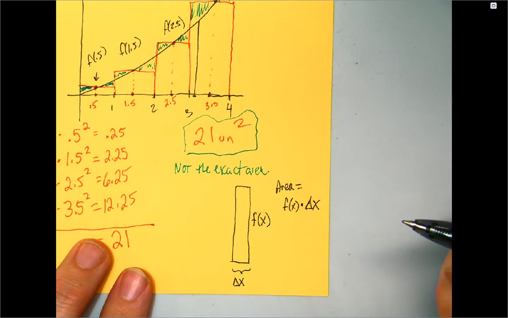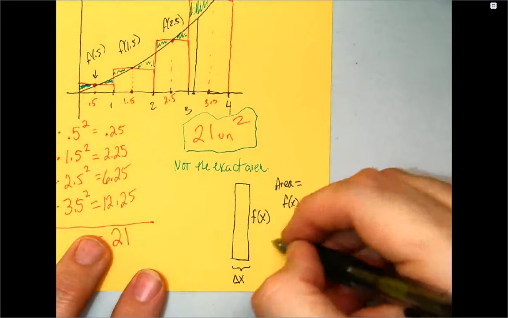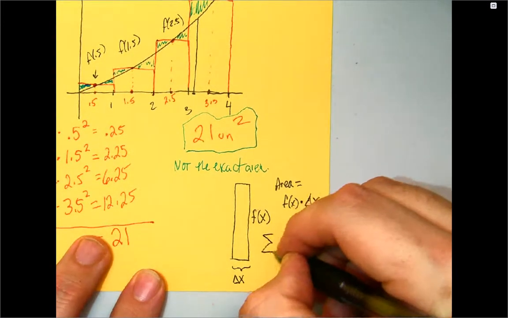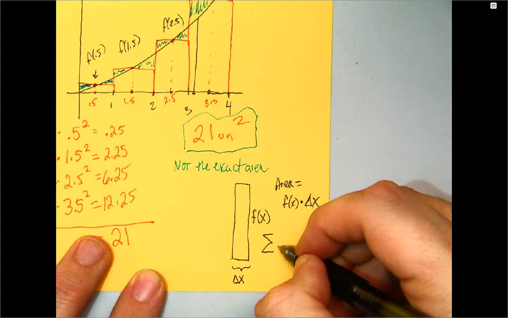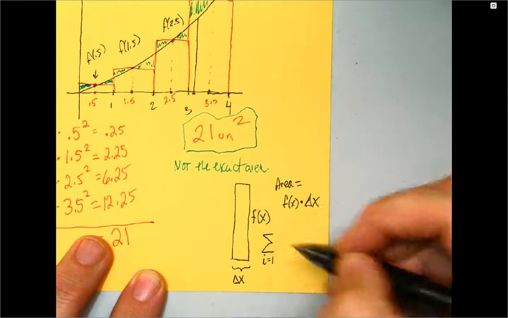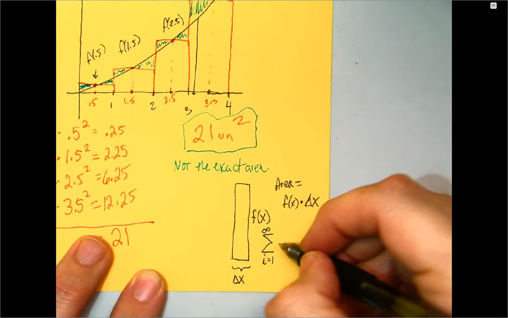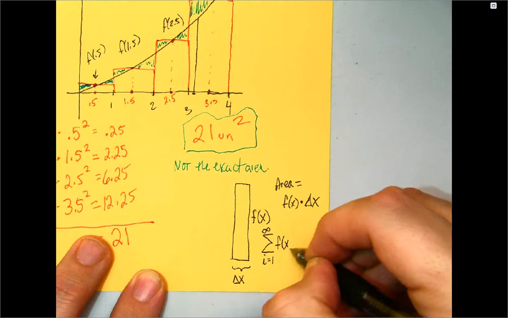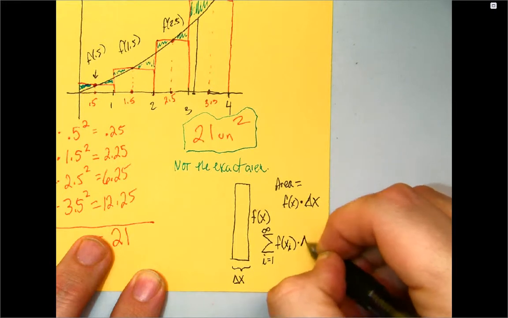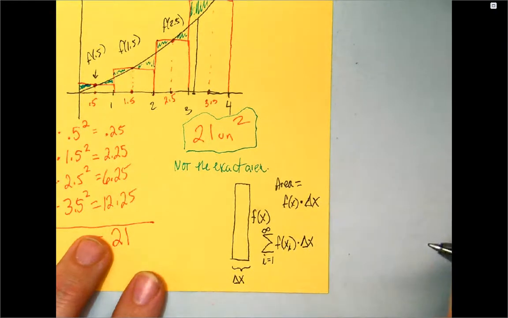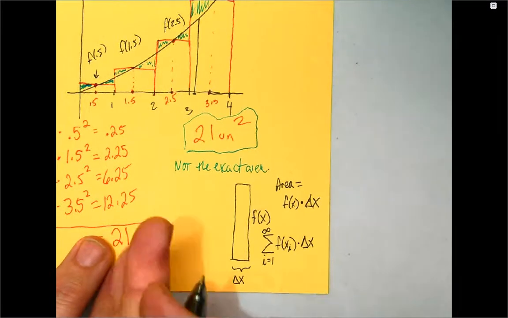So we're actually going to do this: from 1 to infinity, f of x sub i times delta x. And this is where I'm going to stop right now, because this is taking us right up close to what we're going to learn and why we're going to learn it. So for right now, here's what you're going to do.